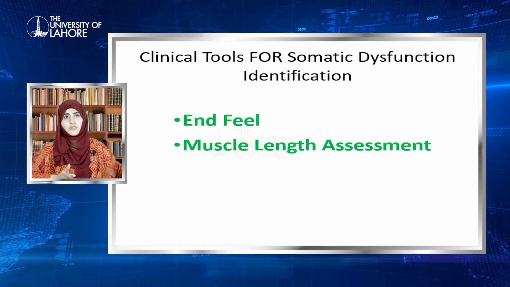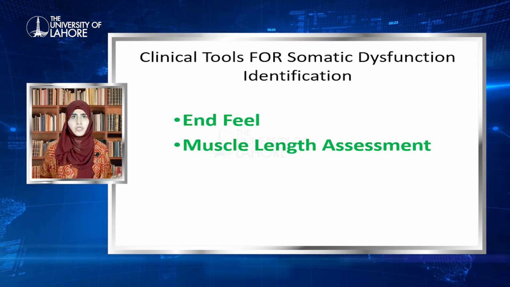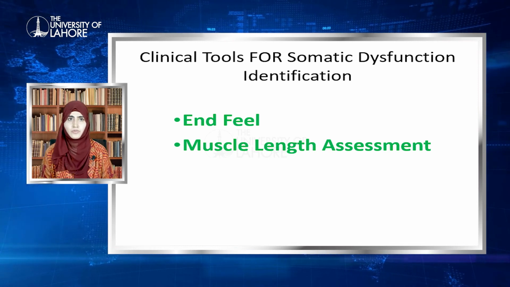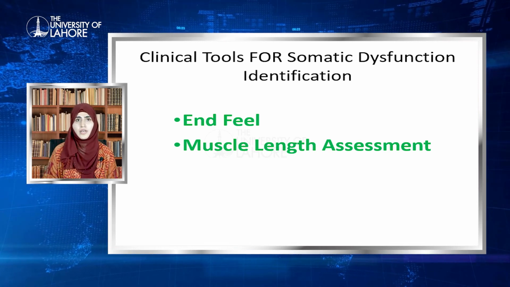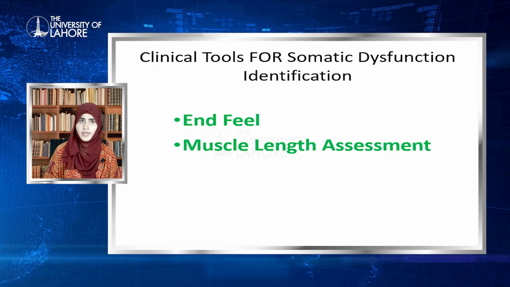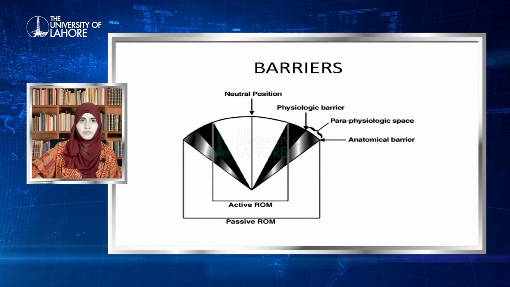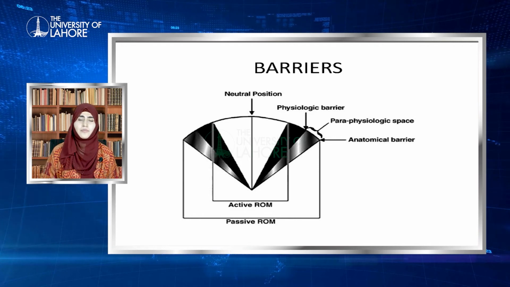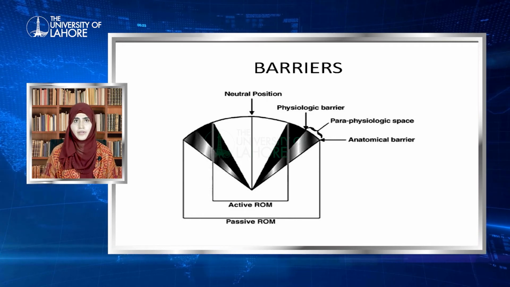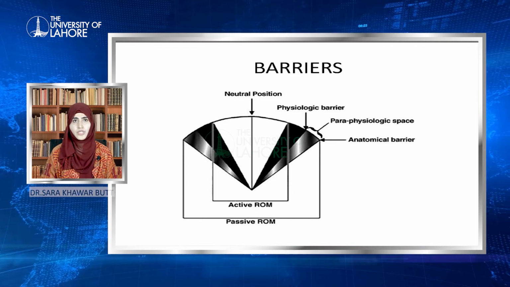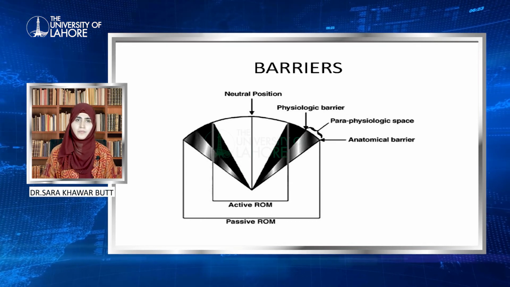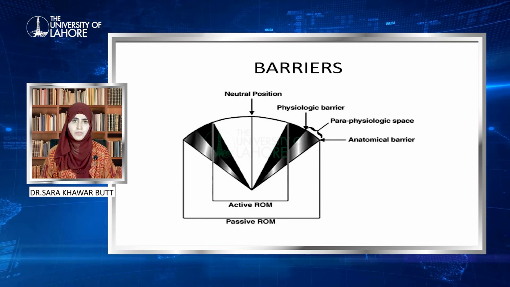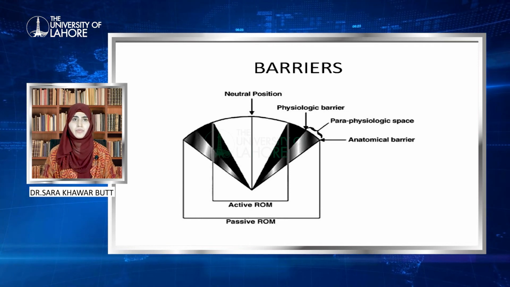There are two tools that are very important for the identification of somatic dysfunction. One is end-feel and the other one is length tension assessment. Here we can see a diagram showing initially the neutral position of the body and then the active motion that a patient can perform on either side.